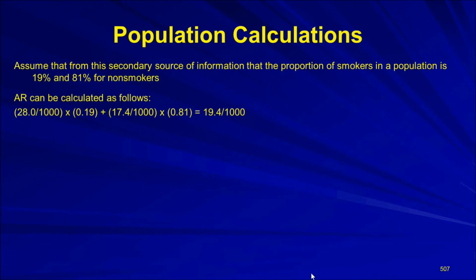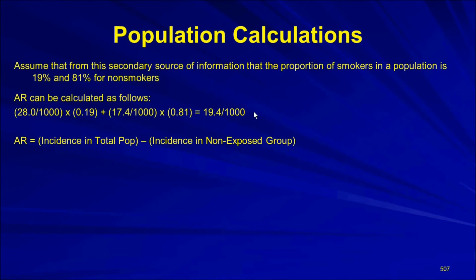We substitute the 19% in. We're going to do a calculation. We're going to multiply it, and this is our group data. And we're going to take the non-smokers and multiply it by this factor, and we're going to add these two together because we're going to use this value in our calculation. Okay?